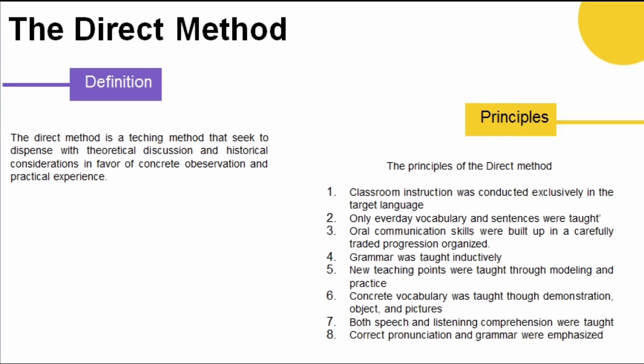The fifth one, new teaching points were taught through modeling and practice. The sixth one, concrete vocabulary was taught through demonstration, objects, and pictures. The seventh one, both speech and listening comprehension were taught. And the last one, correct pronunciation and grammar were emphasized.